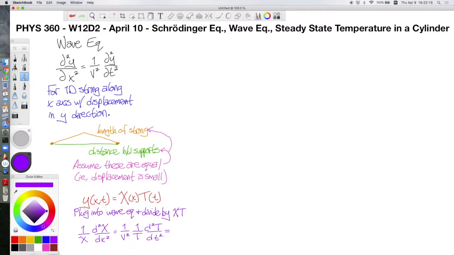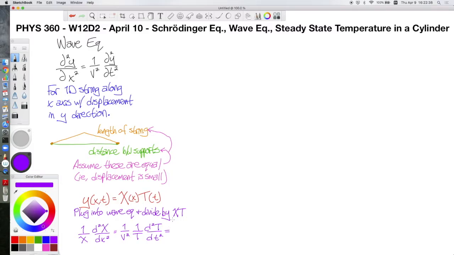Since we have a left-hand side only in terms of x and a right-hand side only in terms of t, we know each side of the equation must be equal to some constant.